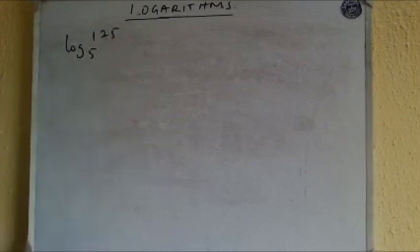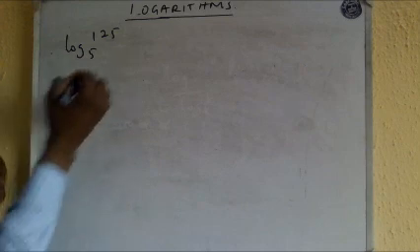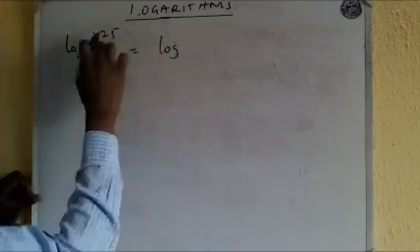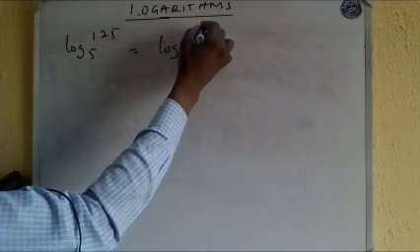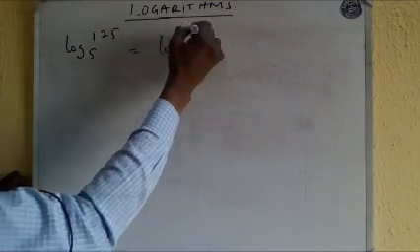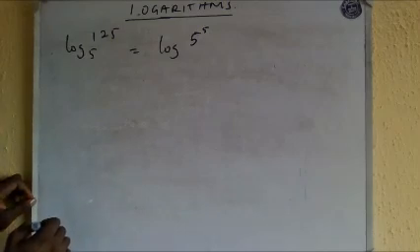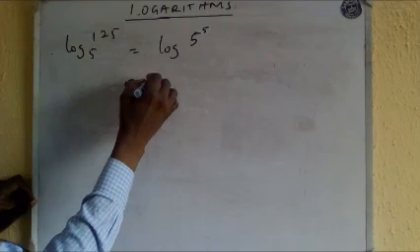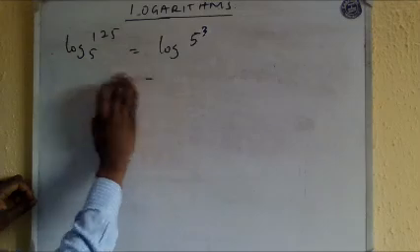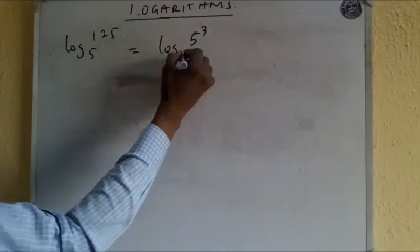You can use any method though, because this one now can go like this. 125 is actually 5 raised to the power, 5 times 5 is 25, sorry, 5 raised to the power 3. So this one is 5 raised to the power 3 to base 5.